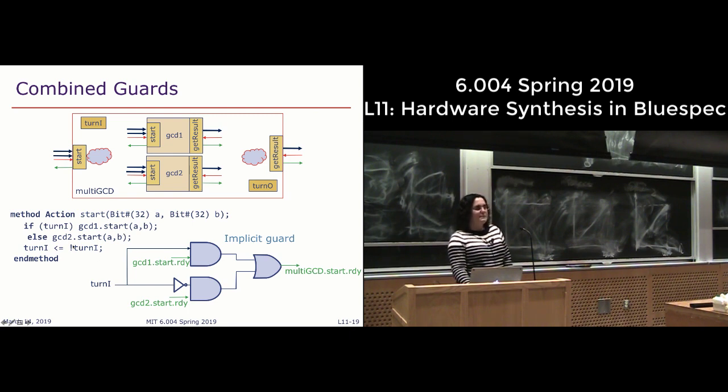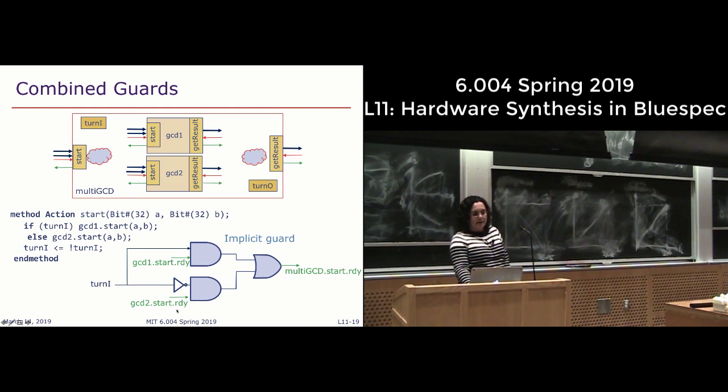So in order to be able to actually execute this method, it must be the case that the methods that I'm calling are also ready. Okay, and so explicitly what the compiler is going to generate for me is that if turn is 1, then it must be the case that GCD1 start ready signal is true.